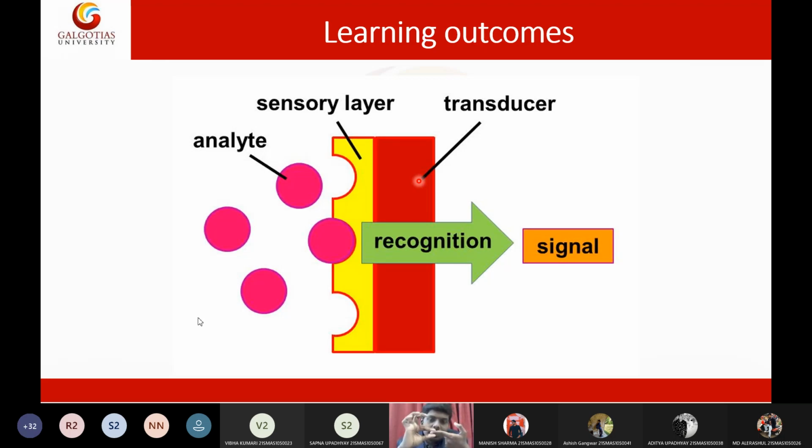Not only this, because of the beating heart, the blood vessels will have a constant pulse. Blood vessels will constantly move. Now I can even detect that minute movement of the blood vessel, which will be indicated as a pulse rate.